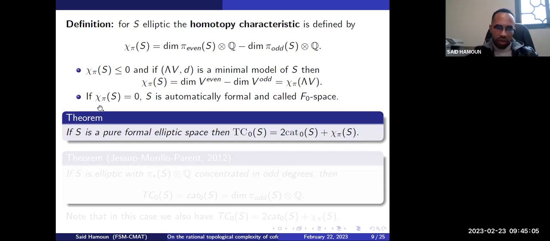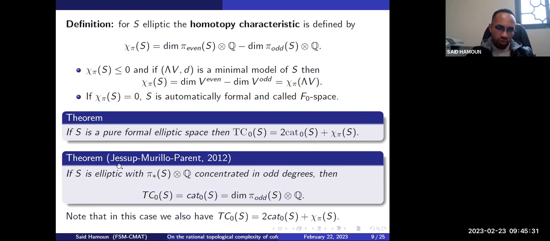And here in our first result, we prove that for any pure coformal elliptic space S, the rational topological complexity of S can be expressed in terms of rational Lusternik-Schnirelmann category by the equality TC_0(S) equals 2 times cat_0(S) plus χ_π(S).